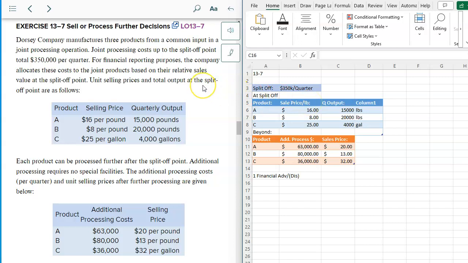And let's see, for financial reporting purposes, they allocate the costs in joint products based on relative sales value at the split-off point.